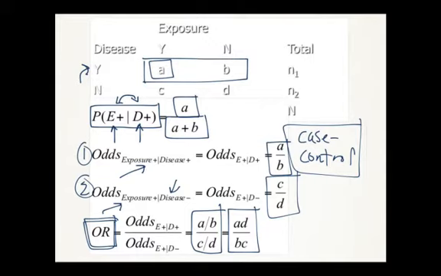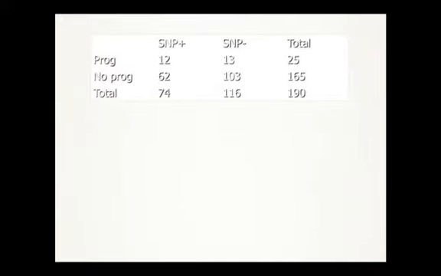Okay. So what does that look like? We're not going to go through the derivation, but here's our progression, no progression of disease based on whether you have the SNP or not.